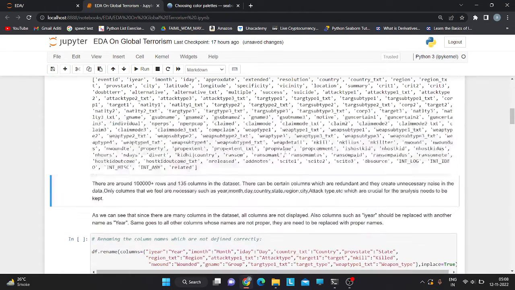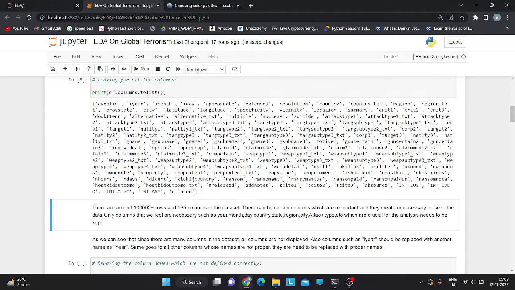Also there is one thing: iyear, imonth, iday, these names should be renamed. Instead of iyear we are going to use year, instead of imonth we are going to use month, instead of iday we are going to use day.